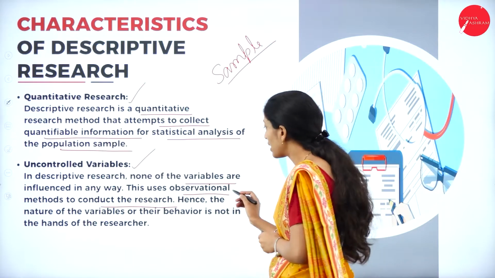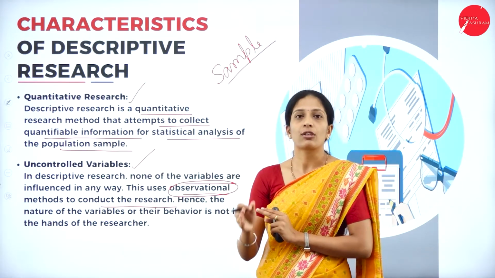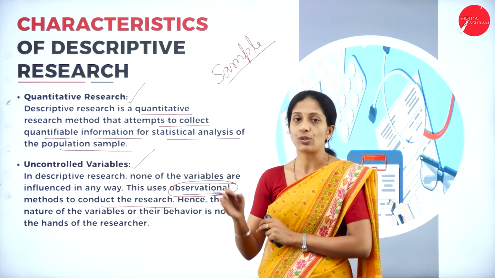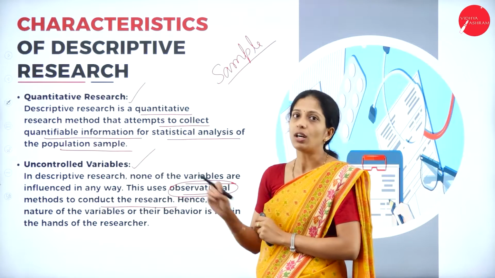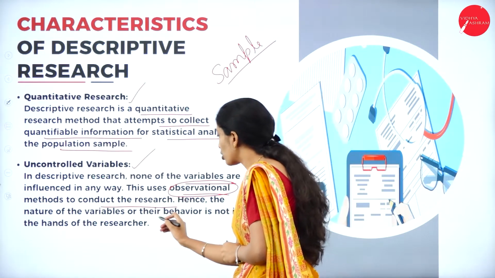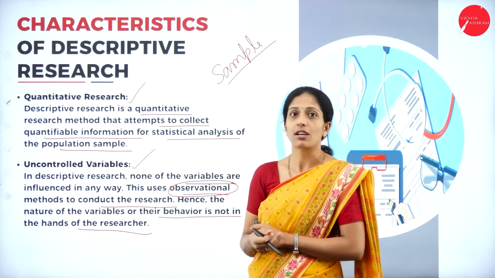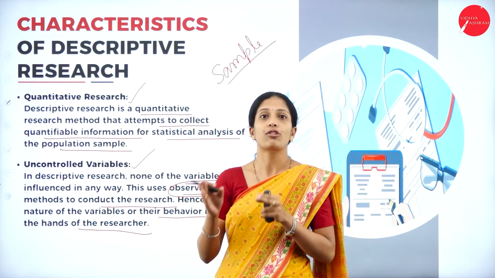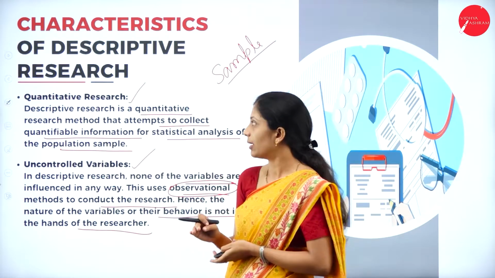Rather than going into personal interviews, the importance is given to the observational method. Hence, the nature of variables or their behavior is not in the hands of the researcher, because all the variables are uncontrollable in nature.